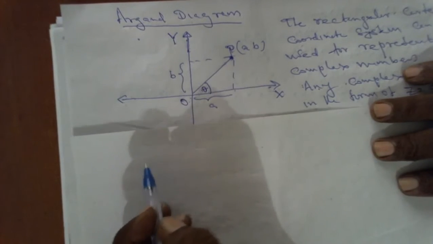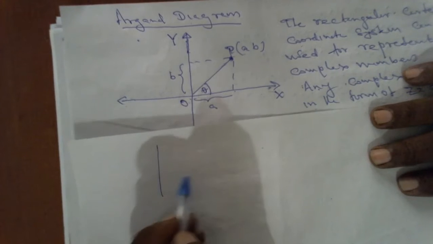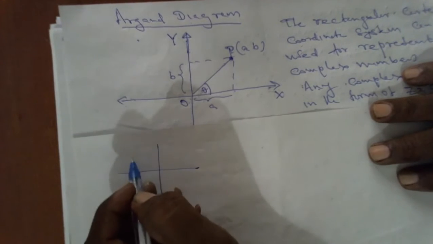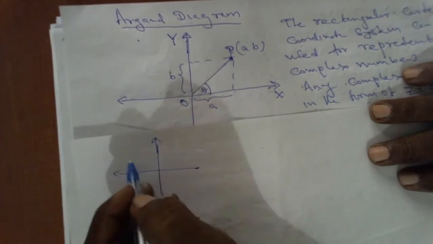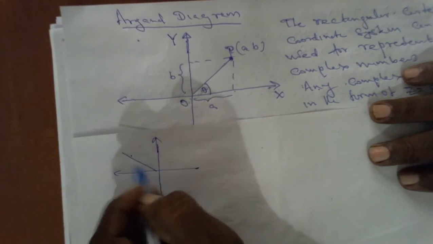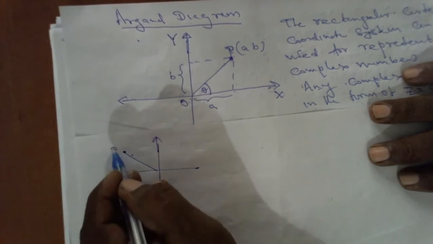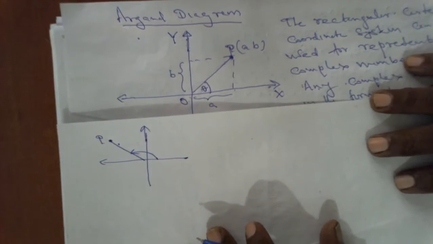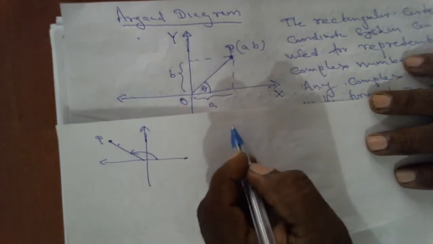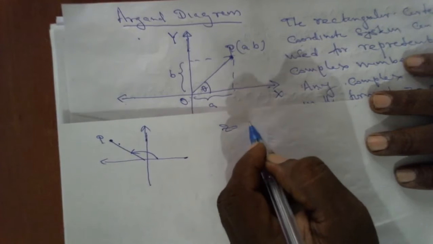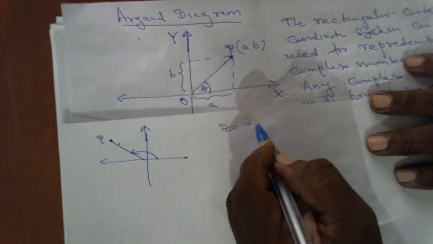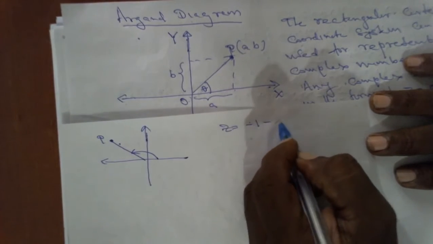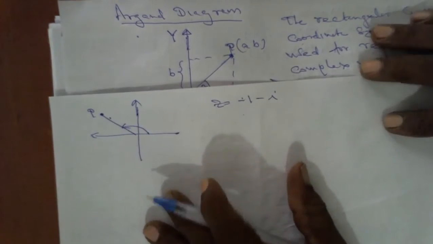Let's say the complex number is in the second quadrant like this. Then theta is this angle. Let's say Z equals minus 1 minus i. How do you mark this complex number?